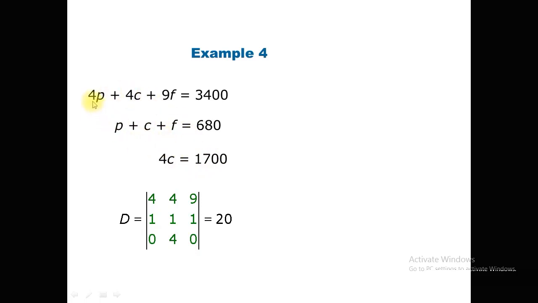In the coefficient matrix we have the entries 4, 4, 9, 1, 1, 1, and the coefficient of p is 0, the coefficient of f is also 0, but the coefficient of c is 4. Dear students, in this system the unknowns are p, c, and f. So to find the determinant of this coefficient matrix by using the previous method or the cofactor expansion method, we obtain the determinant is 20.